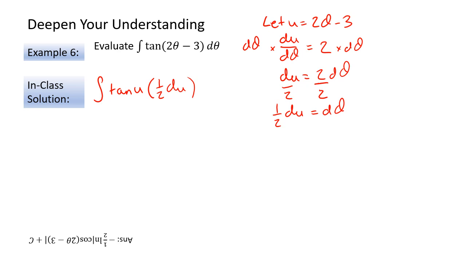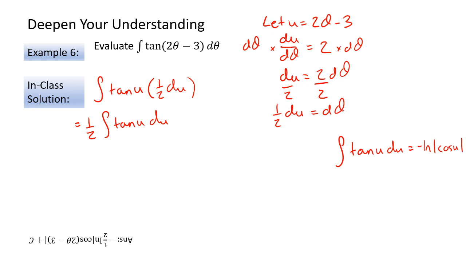Moving the constant outside of the integral, we get 1/2 of the integral of tan u du. From our table in the last slide, the integral of tan u is simply the negative ln of the cosine of u.